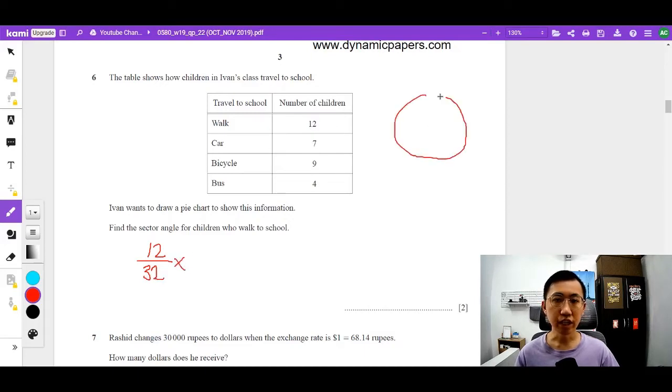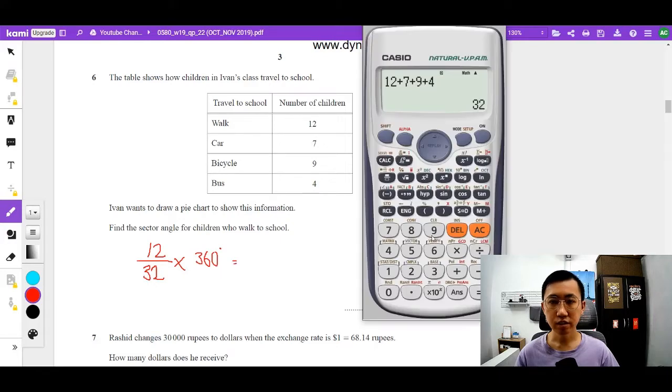So the total angle will be 360 degrees. So we need to find out how much angle for the data over here, walk to school, multiply by 360. Okay, we are going to use our calculator here. 12 divided by 32 times 360 degrees. Okay, 135 degrees. So that will be the sector angle.